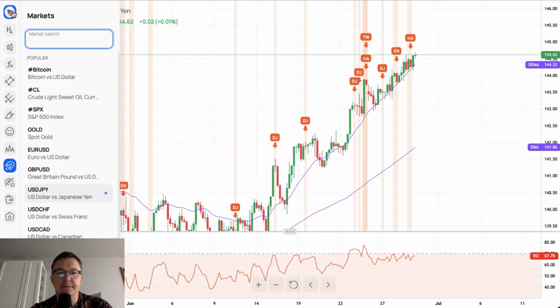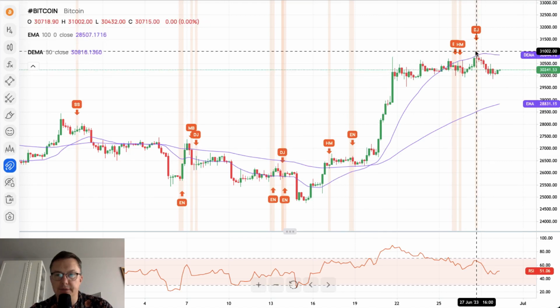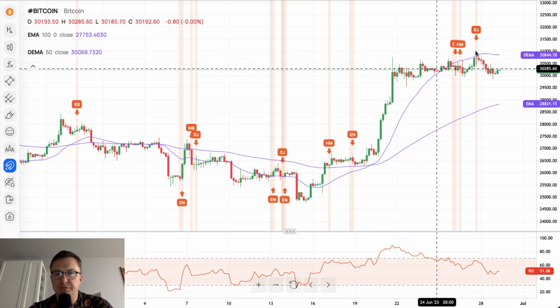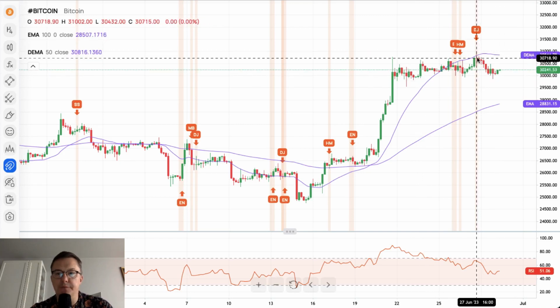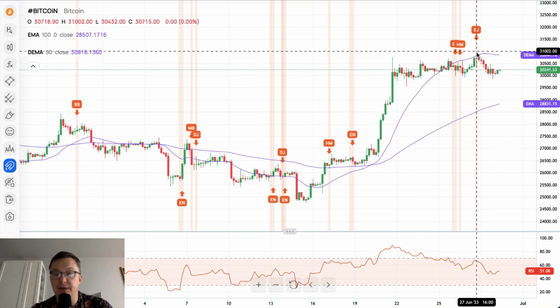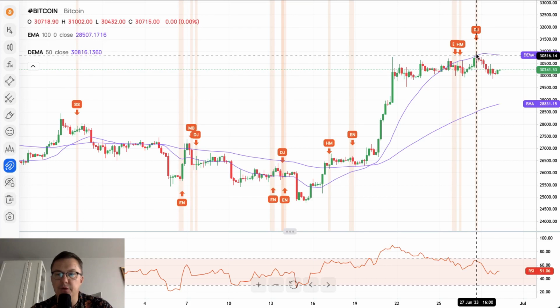And last but not least, let's take a look at what is going on with Bitcoin. As you can see, we got a new high on Bitcoin located at $31,002. So this breakout from the consolidation zone was solid, but an immediate pullback followed the breakout and new high.